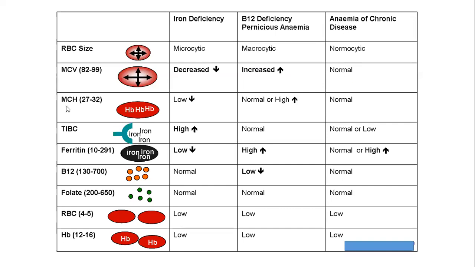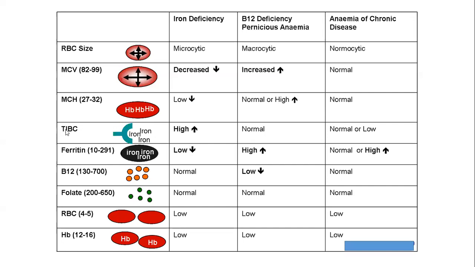What about MCH? In iron deficiency it is low, less than 27, and in vitamin B12 deficiency it is normal or high. Mean corpuscular hemoglobin concentration should be high. In anemia of chronic disease, it is normal.